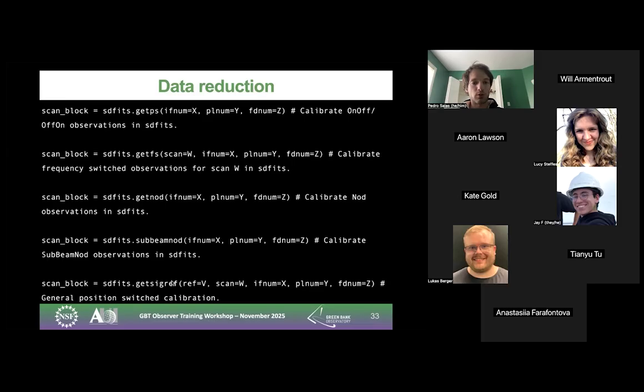And there's this one which we didn't talk about, which is a more generic version of this thing up here, in the sense that when you're observing with an on and an off, your data get labeled, okay, this was the on and this was the off, and this is a pair and they go together. With this one, get SIGREF, you can break them apart and, hey, maybe this on and its off weren't a good match.